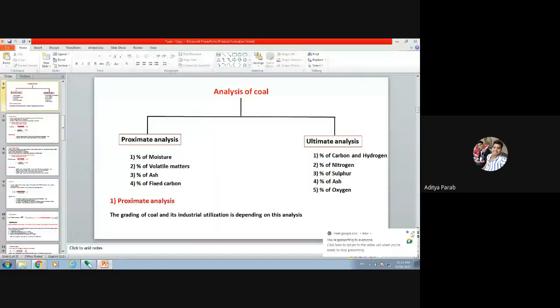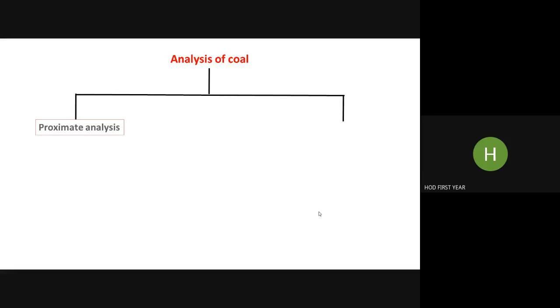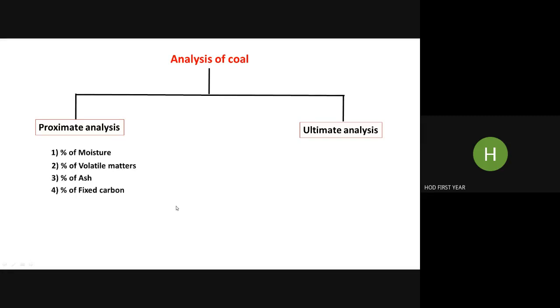Okay. So we were discussing analysis of coal. The coal is subjected to two types of analysis. One is proximate analysis and another is ultimate analysis. The proximate analysis is bulk analysis where we determine bulk constituents like moisture, volatile matter, ash, and fixed carbon.